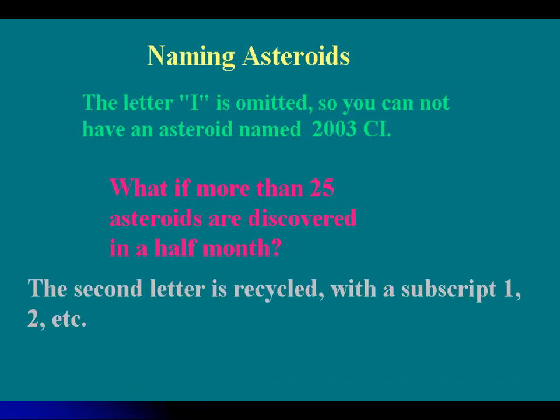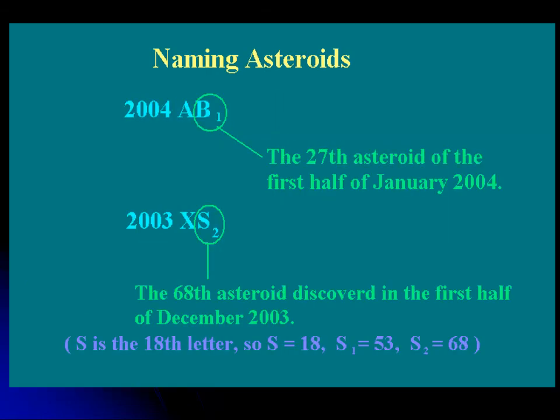And so in that case, they go back and recycle, and they do 1, 2, 3. So in other words, 2004 AB1. Okay, so A is the first half of January, so it goes A to AZ, and then it goes AA1, AB1, AC1, AD1, AE1, and so forth.